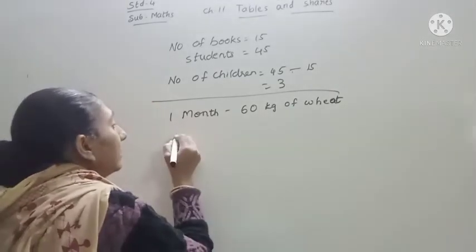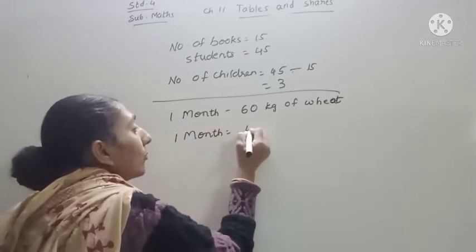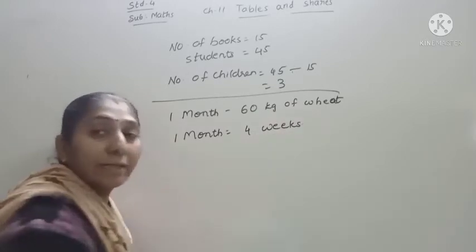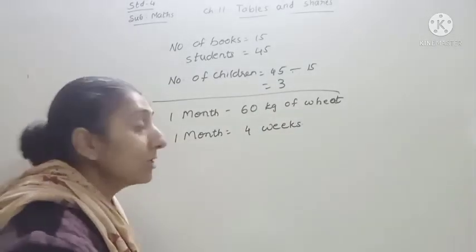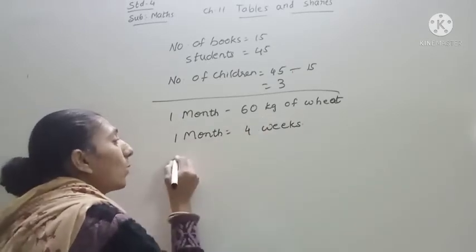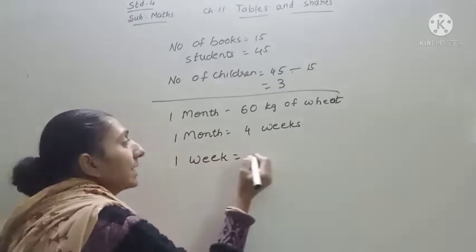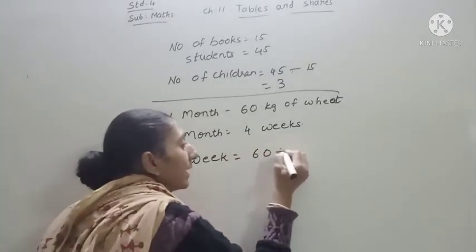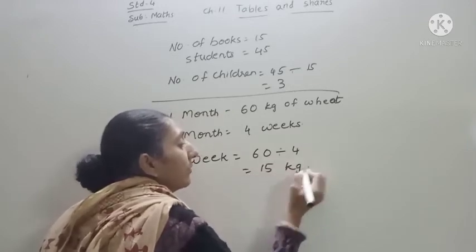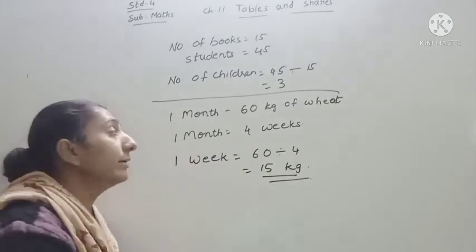Now 1 month is equal to how many weeks? 4 weeks. So what will be the kg of wheat for 1 week? 1 week is equal to 60 divided by 4 is equal to 15 kg. 15 kg of wheat will be needed for 1 week.